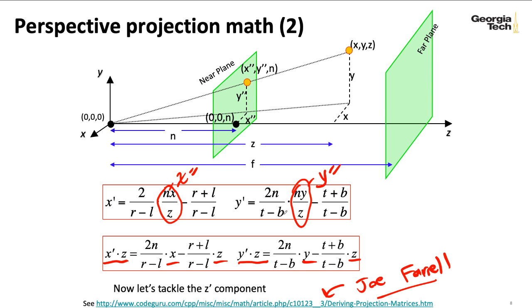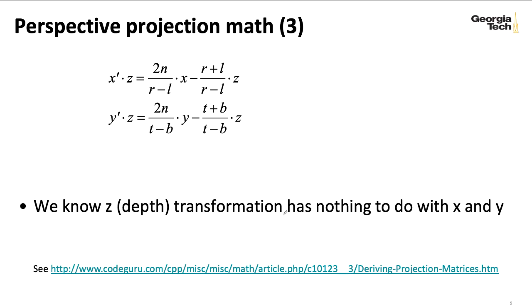Now we'll need to think a bit about what we want to do with z prime. So we figured out how to transform x and y. We do need to do something with z because that's going to have some depth information in it. We're going to need to figure out obscuration. So let's keep things consistent. We're going to take z and we're going to map it to a new z prime times z and try to figure out something here that makes sense.